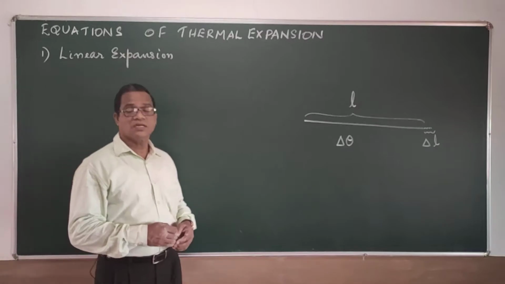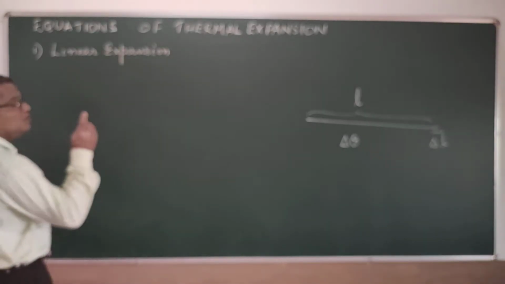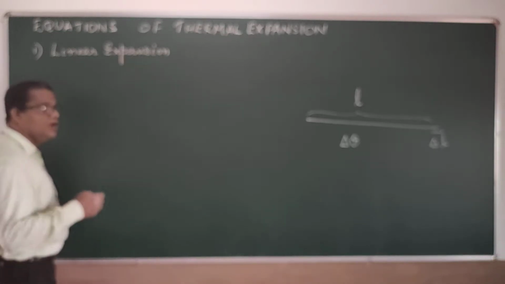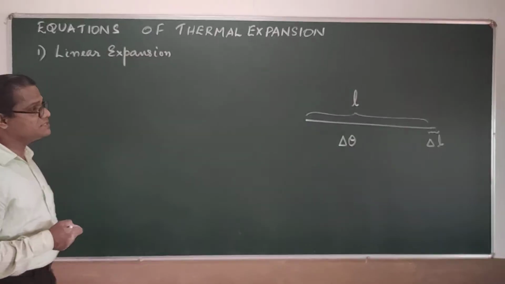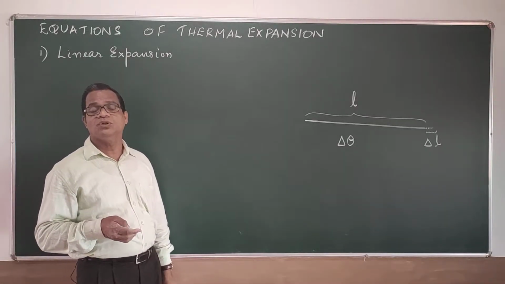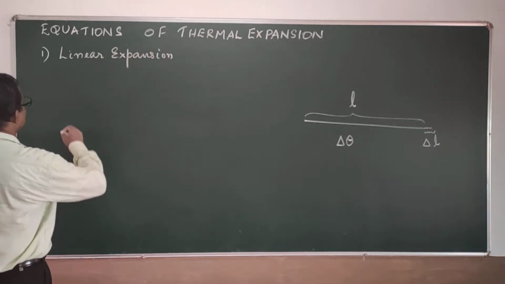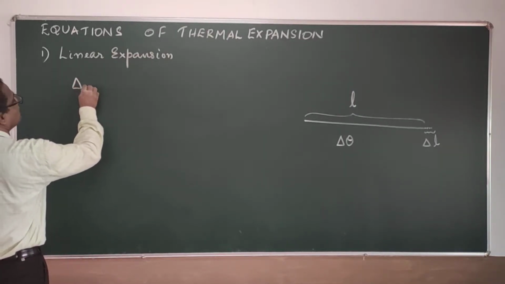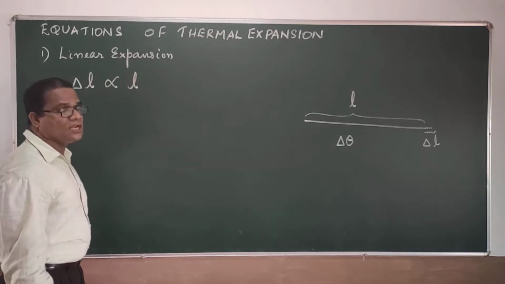Now we use the conclusions 1 and 2 to this case. That first conclusion says the increase in length is directly proportional to original length. So here the dimension is length. So increase in length directly proportional to original length.